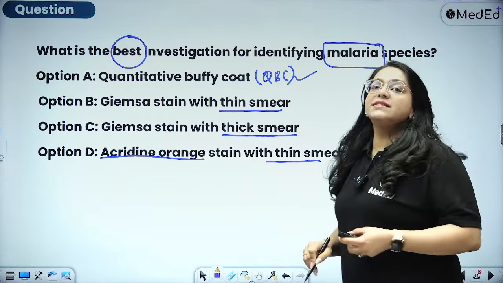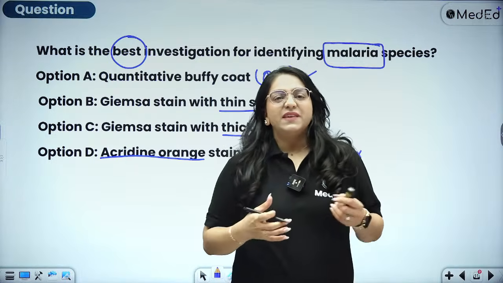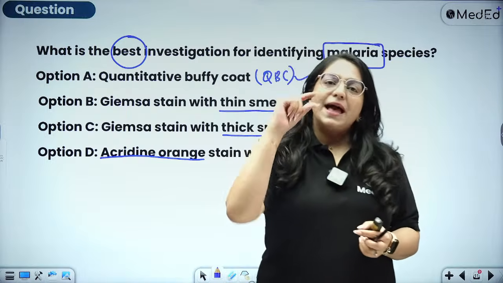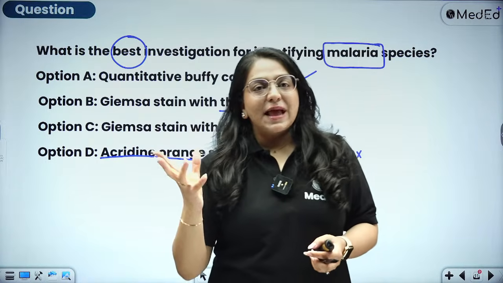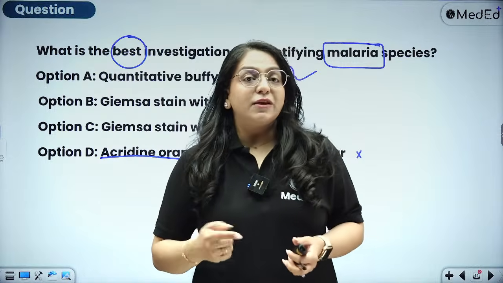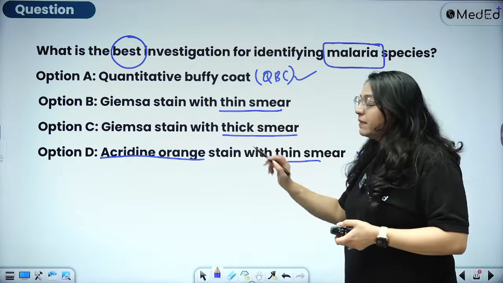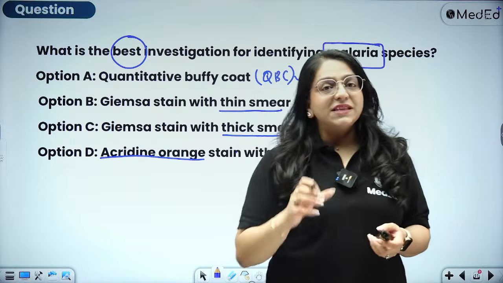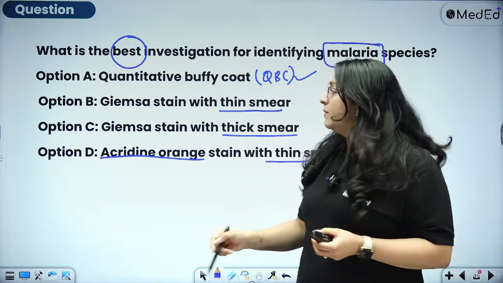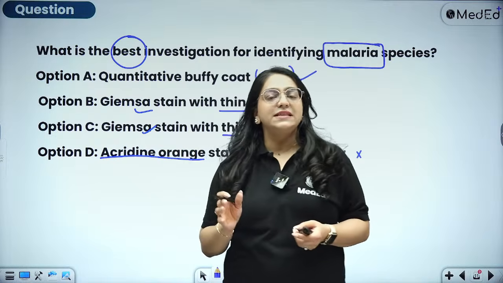QBC I don't think is the best method, because QBC is very, very skill heavy. It is very cumbersome. First you have to take a capillary, then you have to centrifuge the capillary, coat the capillary with acridine, then again you need a fluorescent microscope. So both of these need fluorescent microscopes, which are expensive equipment. So the easiest, the cheapest and best methods are the Giemsa stains, the Romanowsky stains.